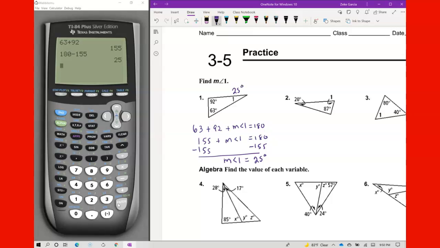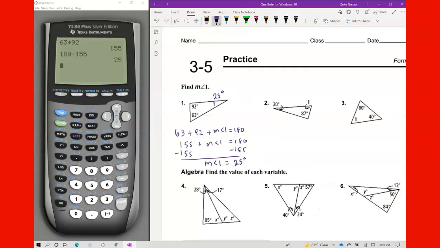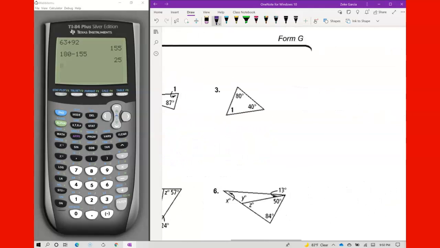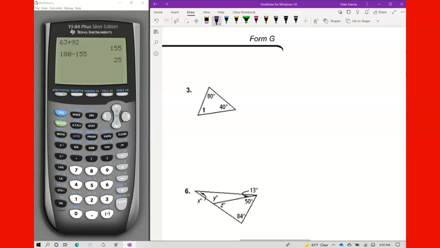Remember that the angles in a triangle are equal to 180. So I'm going to go ahead and do example 3 because that's the one I did, number 3, in class. So we have the measurement of angle 1 plus 80 degrees plus 40 degrees is equal to 180 degrees.